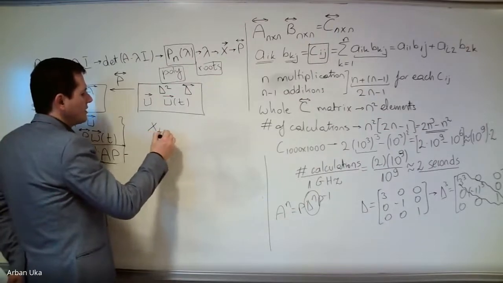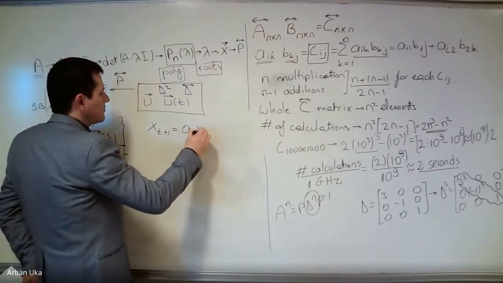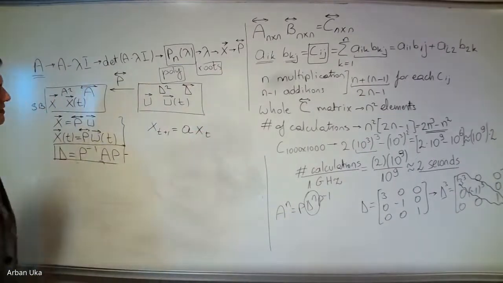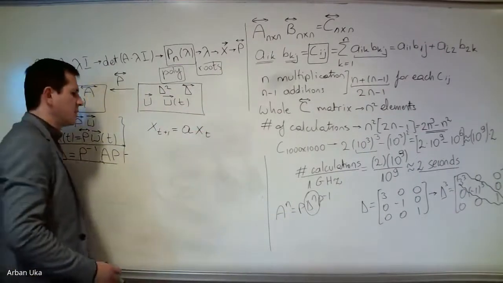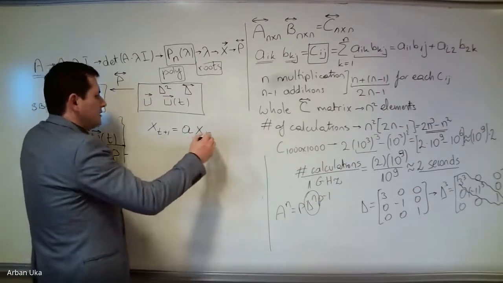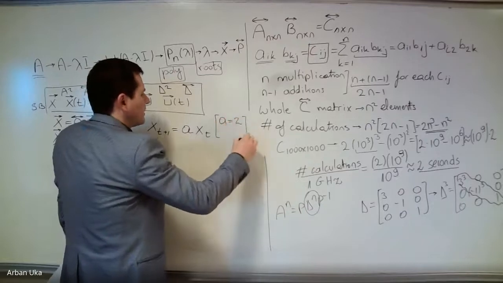So we can have x_{t+1} equal to a constant a times x_t. So apparently this is how they might multiply. For example, let's assume for a moment that a is equal to 2. That's good.